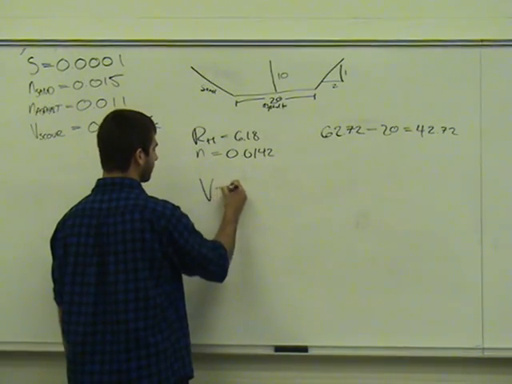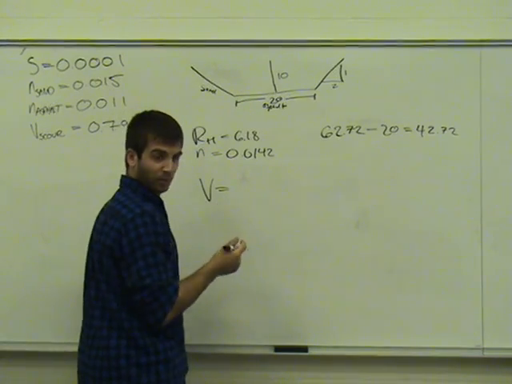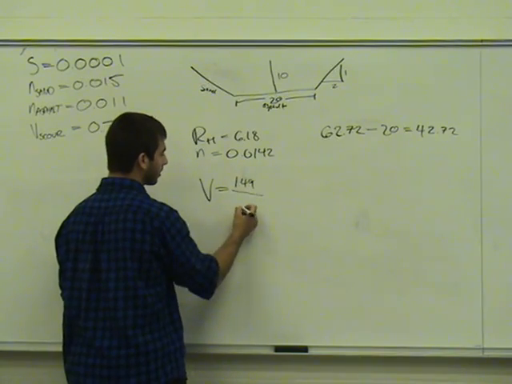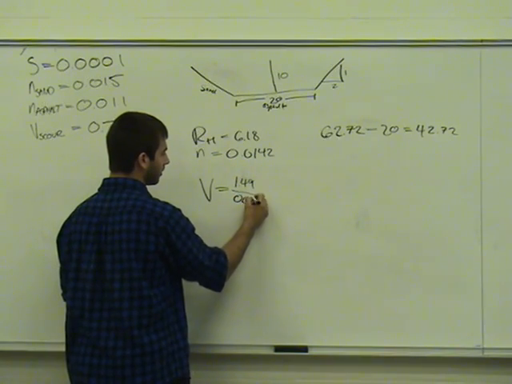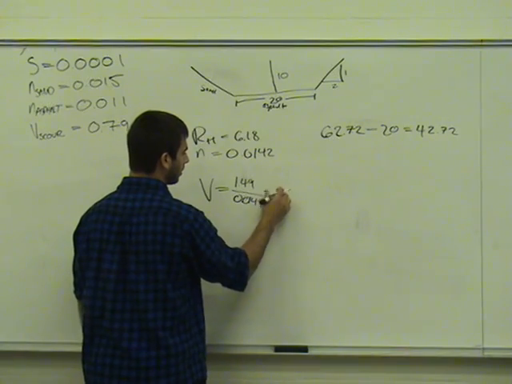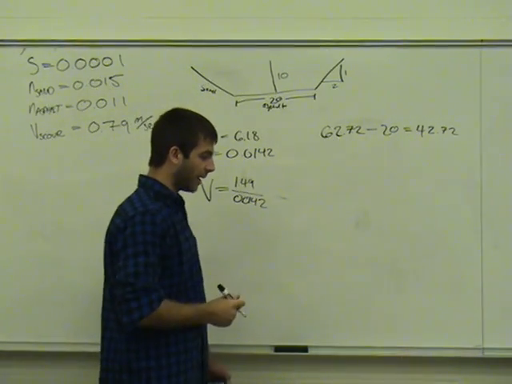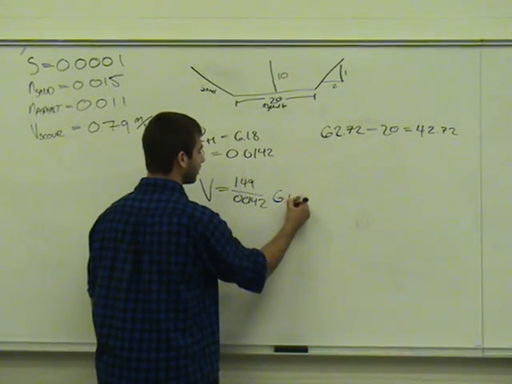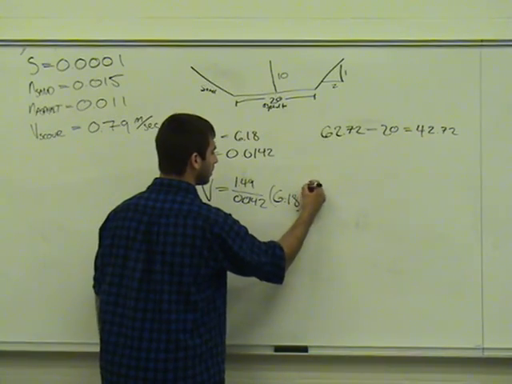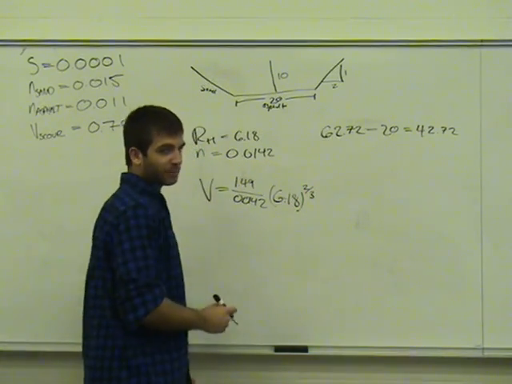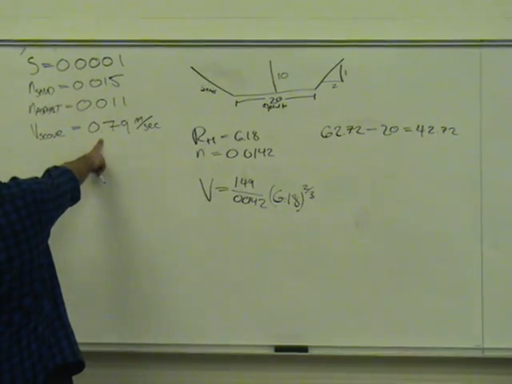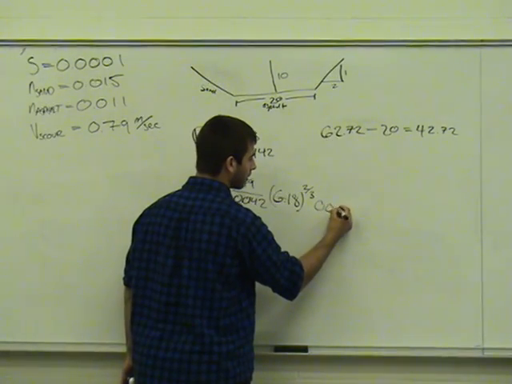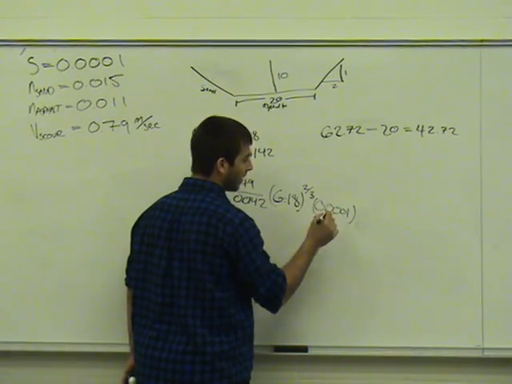So V, because we're in feet, in English units, is going to have the 1.49 at the top over our Manning's n. Then we multiply by our hydraulic radius to the 2/3, so that's 6.18. Then we multiply by our slope, which is given up here, 0.001. Very flat. And that's to the 1/2.